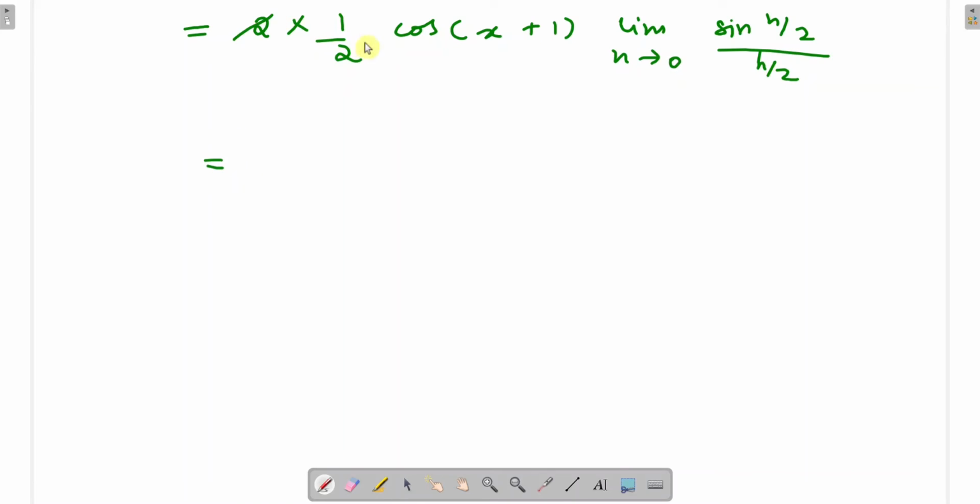So this will be equal to 2 and 2 will get cancelled, you get cos of x plus 1, and the limit of this, this is of the form sine x by x.